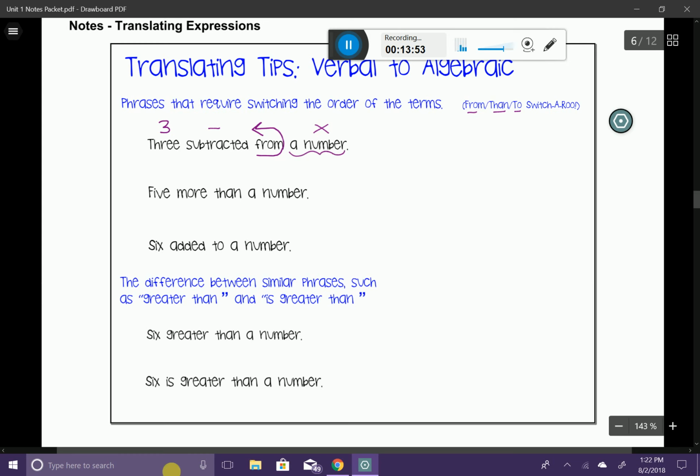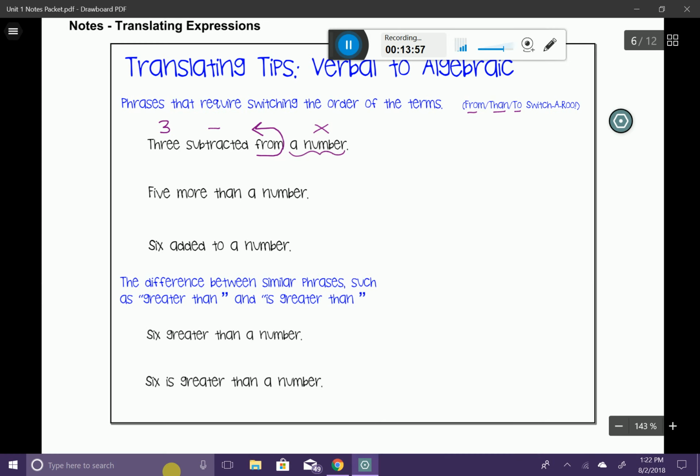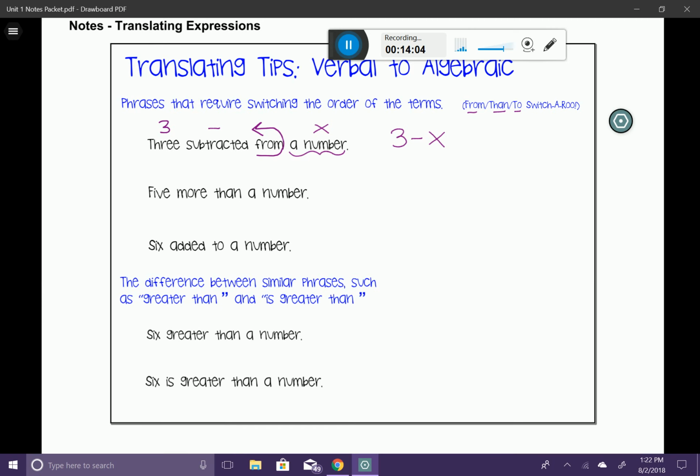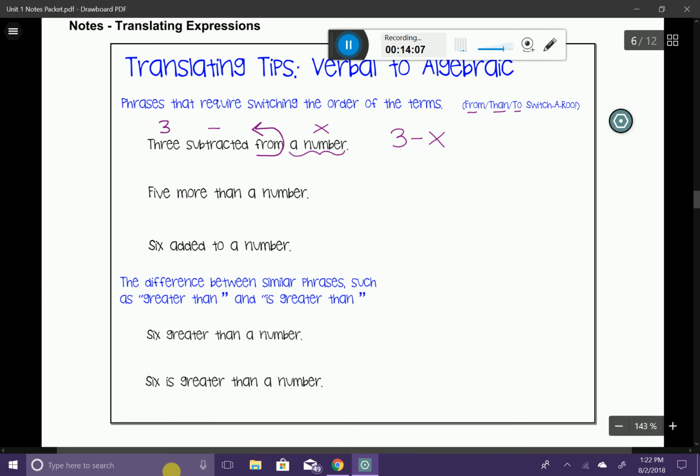So 3 subtracted from a number. In your head, you might be thinking the answer is going to be 3 minus x, right? Because normally that's how we translate it. But because of our switcheroo word, we have to take those 2 pieces and swap their positions. So my true answer is x minus 3.